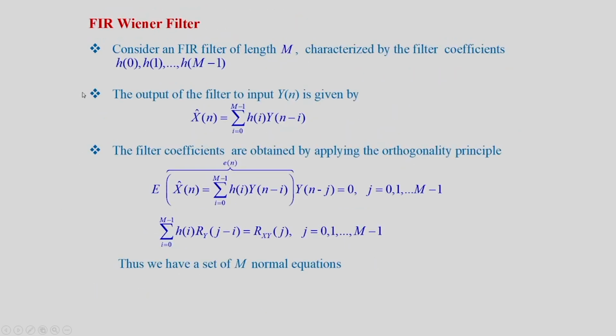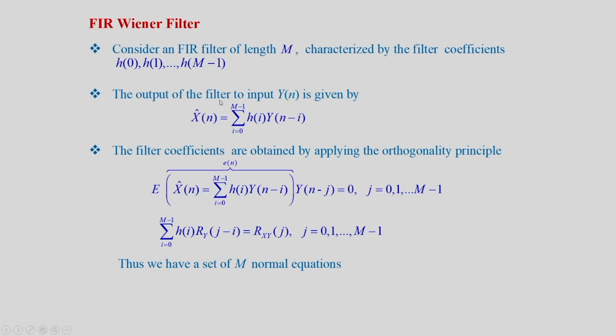Now, we will discuss the FIR Wiener filter. Consider an FIR filter of length m, characterized by the filter coefficients h0, h1 up to h m minus 1. There are m coefficients. So, that is an FIR filter of length m.